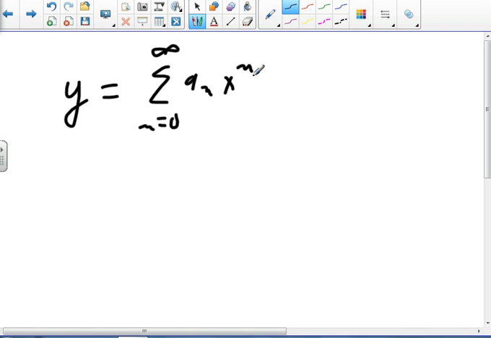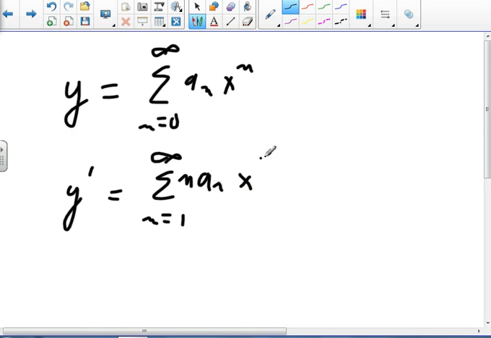It just exists. And then I said, well, if my function y is in that form, then what does y prime look like? Well, y prime is going to look like the sum from n equals 1 to infinity of n a_n x to the n minus 1.